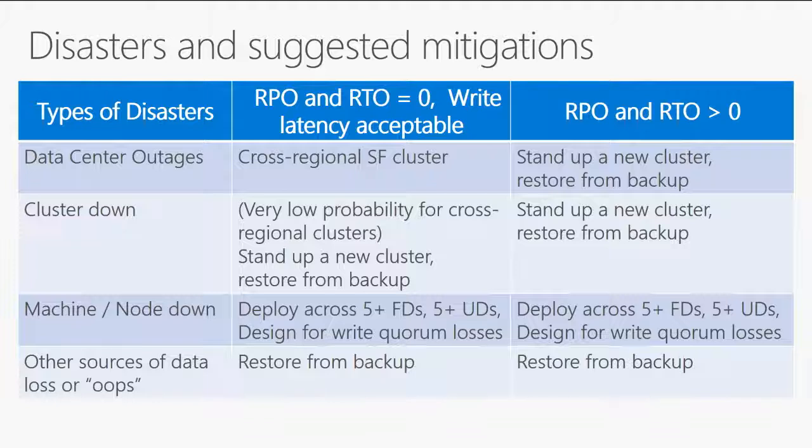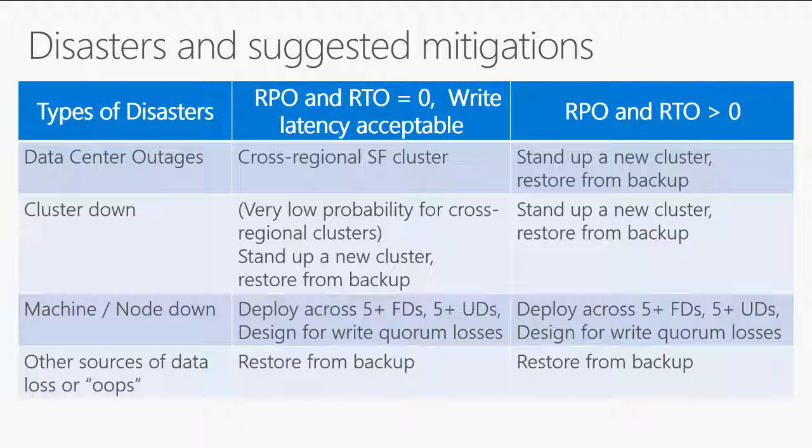So now let's go back. I have some mitigations for you. There are two more columns here. One is RPO and RTO of 0. This just means that your application absolutely cannot have a downtime. So both your recovery point objective and recovery time objective are 0.